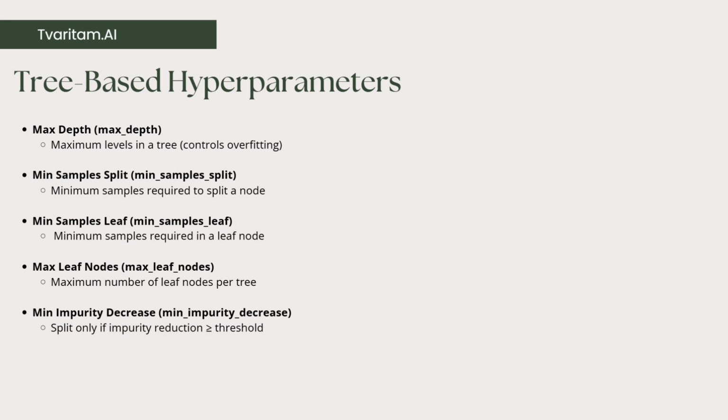Minimum samples split and minimum samples leaf can have smaller values for random forest as instability is usually averaged out. For leaf control parameters like maximum leaf nodes or minimum impurity decrease, we limit the number of leaf nodes using maximum leaf nodes. Fewer leaves will lead to simpler trees. More leaves will give it more flexibility. Minimum impurity decrease will allow a split only if it improves the model by a minimum threshold.